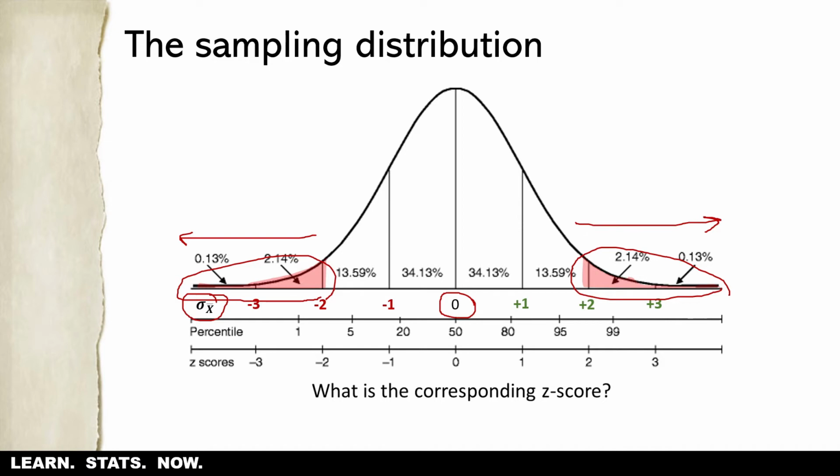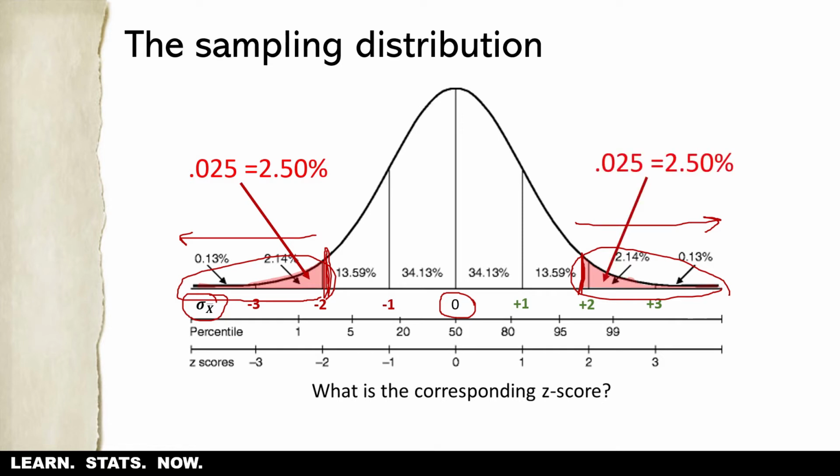So the question is, if we're going to have a cut point right here, what is the corresponding z-score that allows us to put 0.025 in one tail and 0.025 in the other tail? Because when you add those together, you get 0.05.